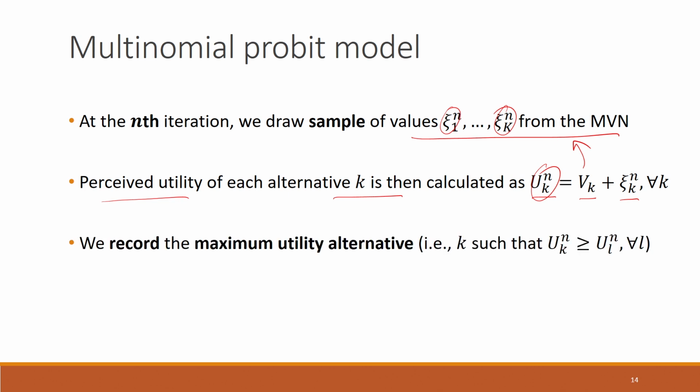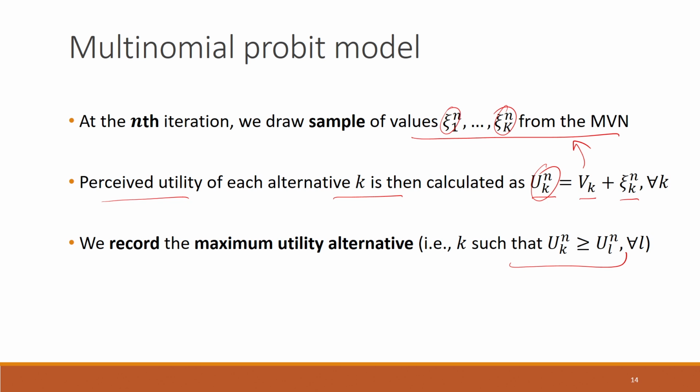Suppose at the first iteration we got random values of the error terms from the first alternative till the kth alternative, and we added them to get the utility of the first alternative, the second alternative, till the kth alternative. Now we determine which alternative has the highest utility, and we record that.